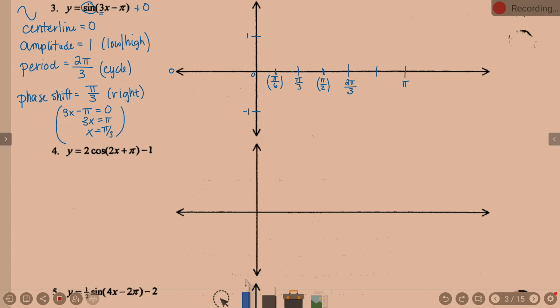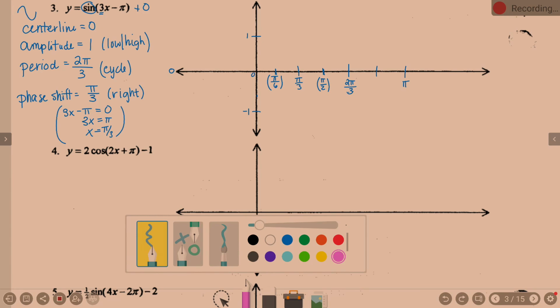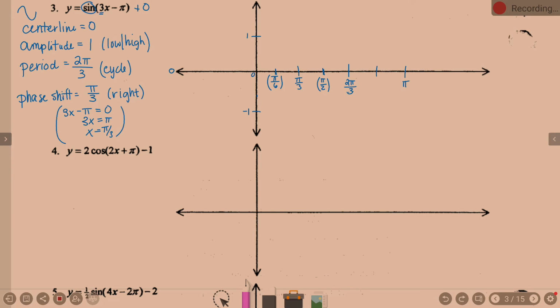Okay. Let's draw. Your talent level will determine how you do this. I teach this as: I'm going to draw the initial curve in dotted lines, and then I'm going to shift it over. So my initial curve goes from 0 to 2 pi over 3, yes? So I'm going to draw a curve from here to here. What kind of curve was this?